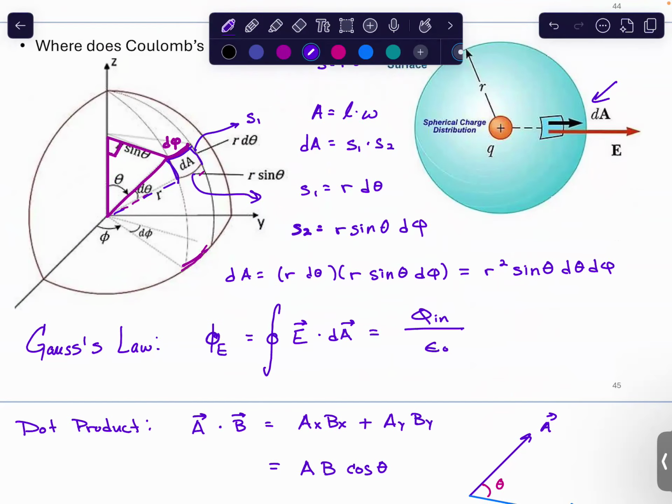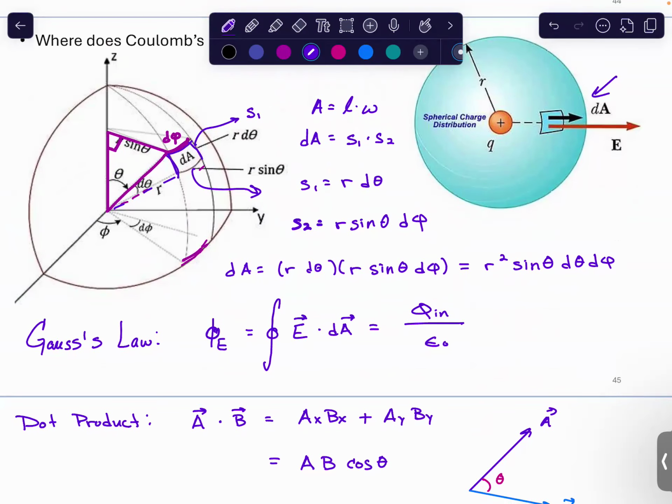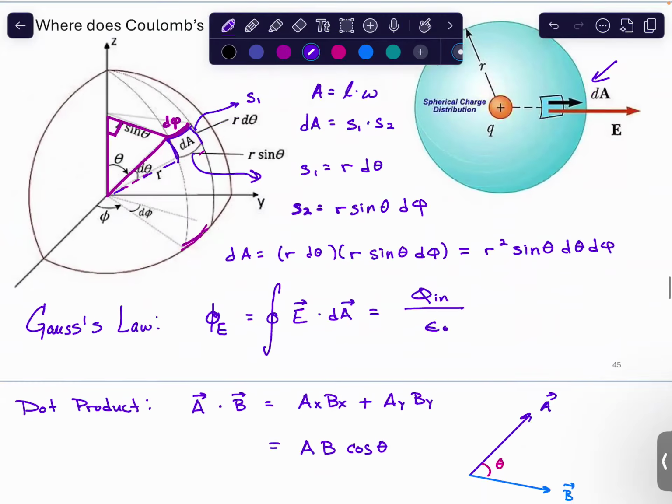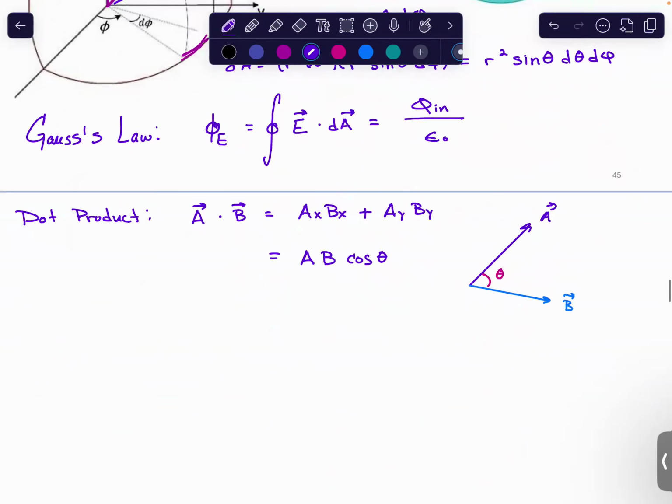The electric field and dA have an angle of what between them? Look at the directions of the dA and the E. Yep, so it's an angle of 0. Cosine of 0 is what? 1.